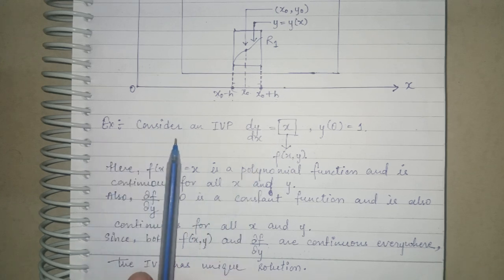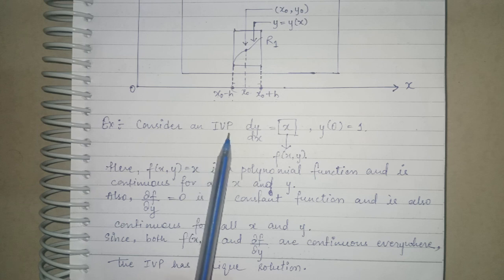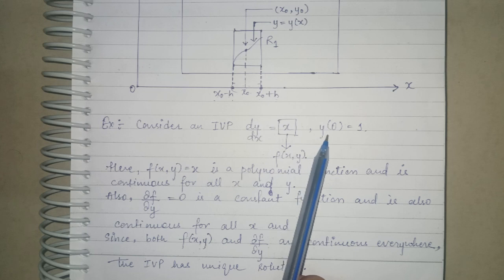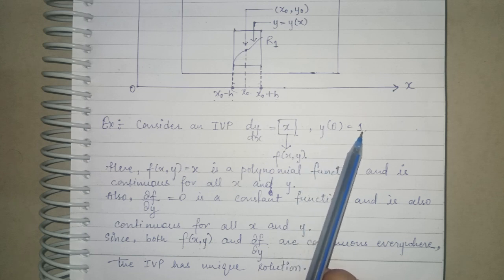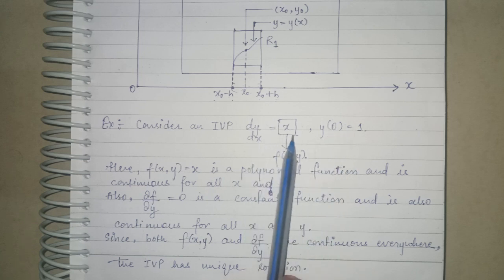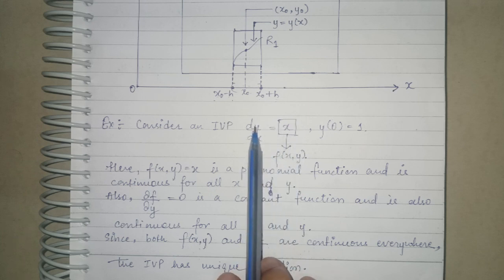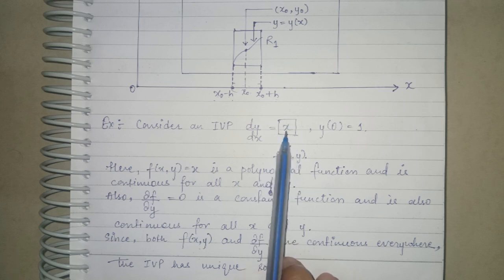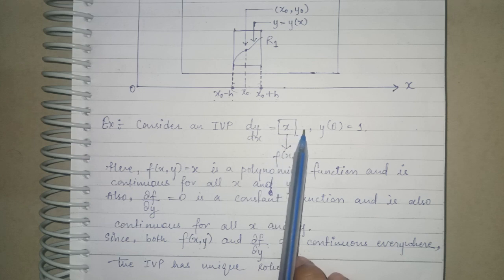An example: consider an initial value problem dy by dx equals x, with the initial condition y at x equal to 0 is 1. So this is our x naught and this is our y naught. Our initial value problem was of the type y prime equals f(x, y), so this is our f(x, y), and x is a polynomial function, so it is continuous for all x and y.